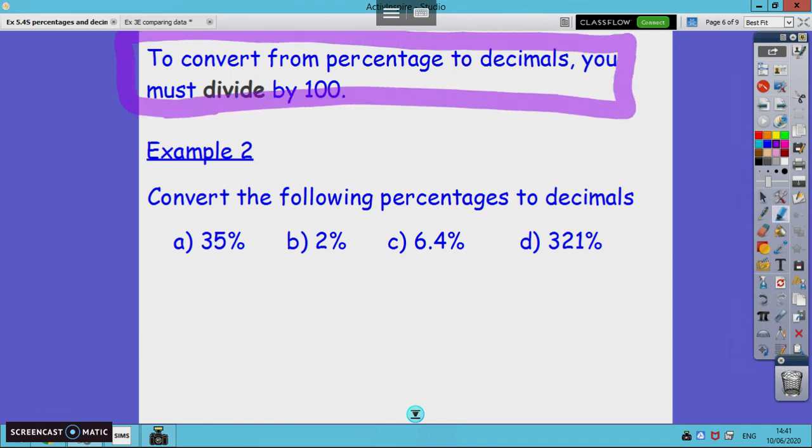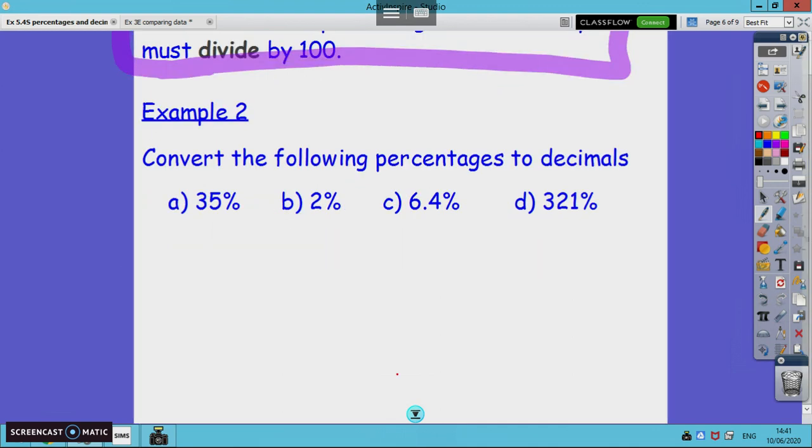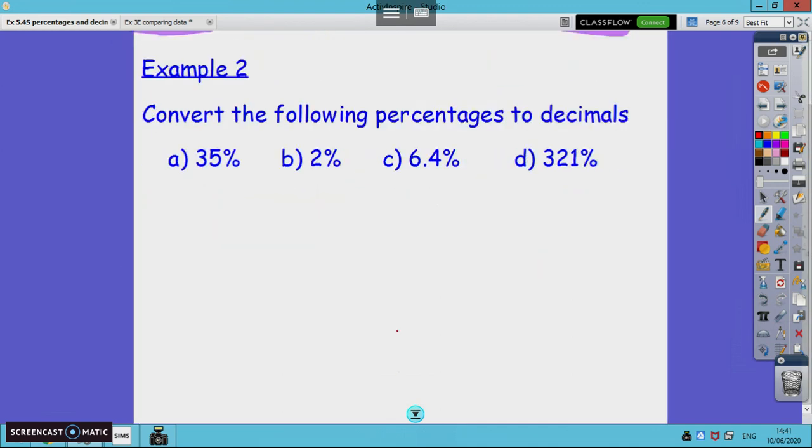Okay. So example number 2, convert the following percentages to decimals. So we've got to divide each of these by 100. So A, divided by 100, moving everything 2 places to the right, you would get 0.35.